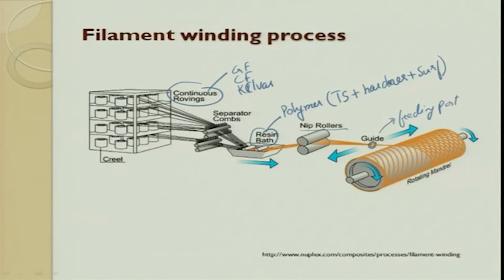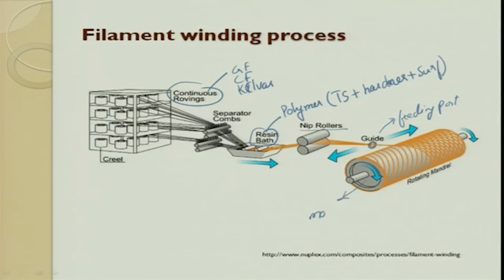Now, what you see is that the individual fibers are now twined, they get into a shape, and the bundle of glass fibers is now wound over the mandrel.